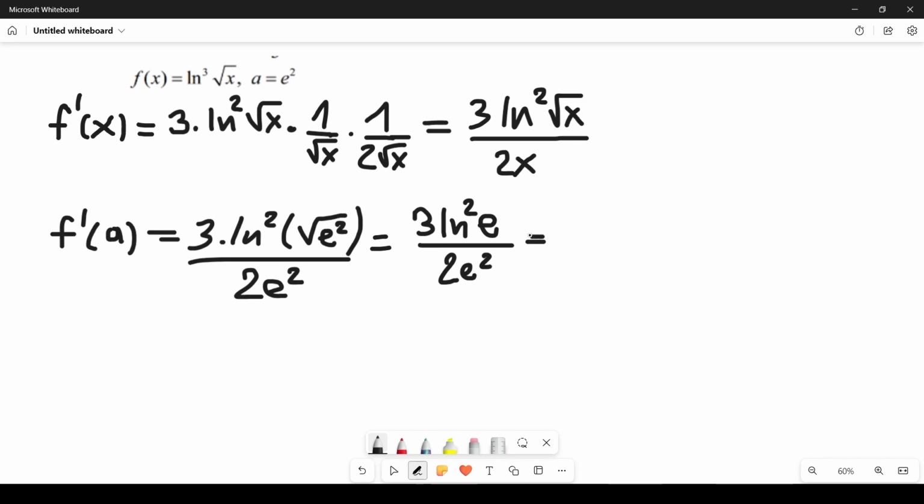Now, as we said before, the natural logarithm of e is just 1, so we write 3 times 1 to the power of 2, if you want to be precise, over 2e squared, and that is just going to give us 3 over 2 times e to the power of 2, and that is the value for a.